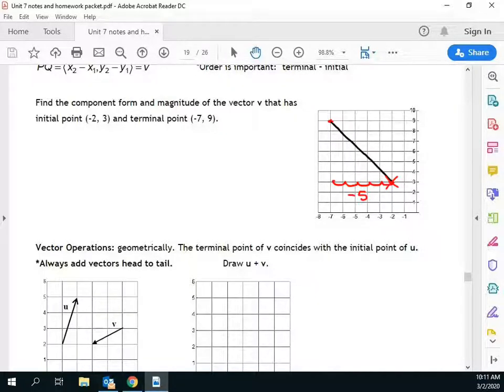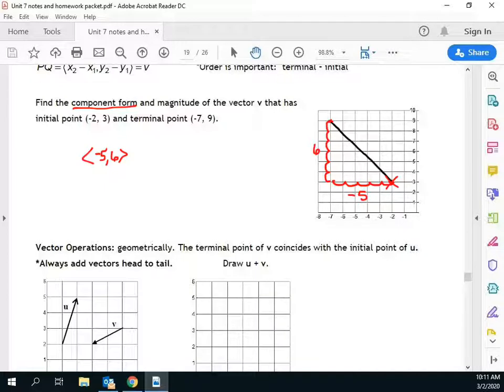Up or down? 1, 2, 3, 4, 5, 6. And so you write it like this. What's the component form? <-5, 6>. What's the magnitude?